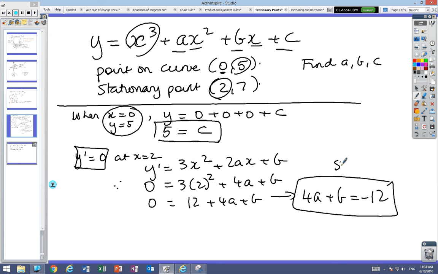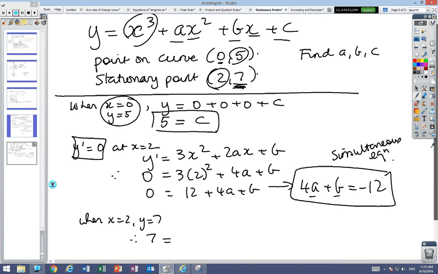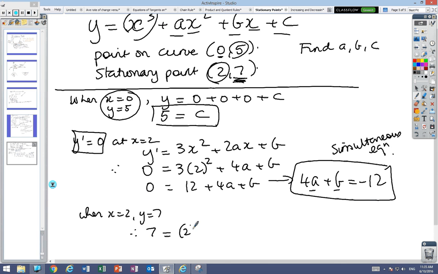You should recognise this as part of a simultaneous equation. But when you've got two letters, you need to have two equations, and the second equation is going to come from the fact that we've got a value 7. So when x equals 2, y equals 7. So going back to the original equation, we've got 7 equals x cubed plus a times x squared plus b times x plus c, but we know that c equals 5.